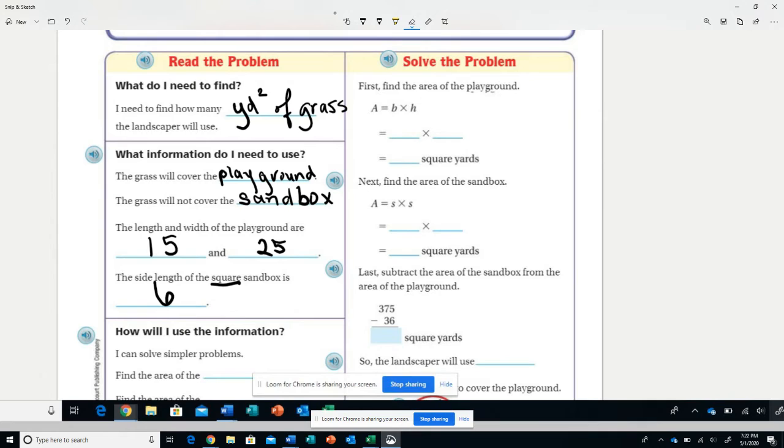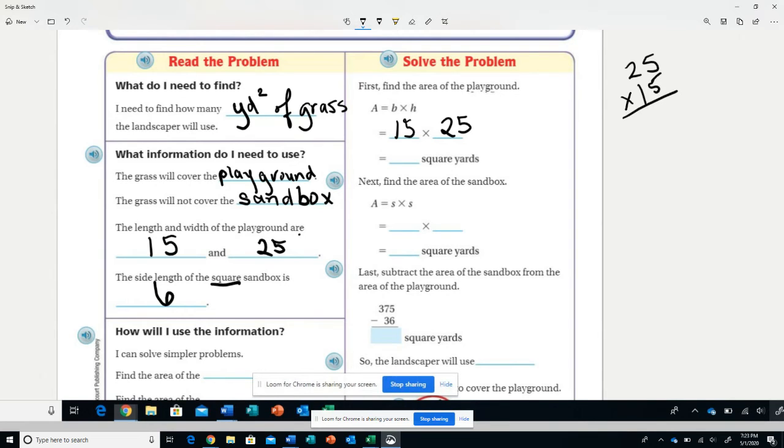All right, so it says here first find the area of the playground. Well, we know from our information box over here that it was 15 by 25 yards. So let's say you don't know your 25s or your 15s.